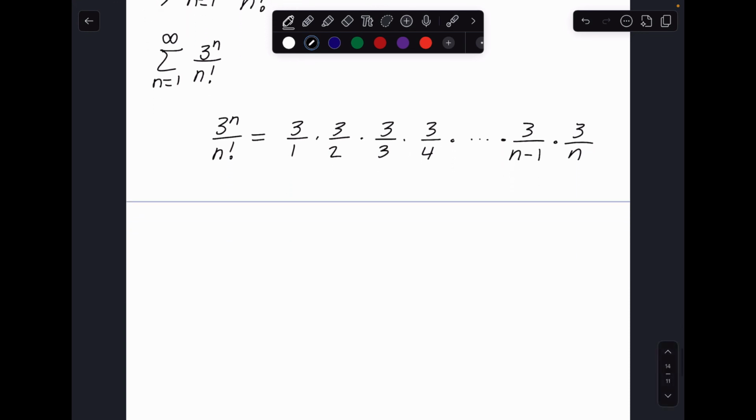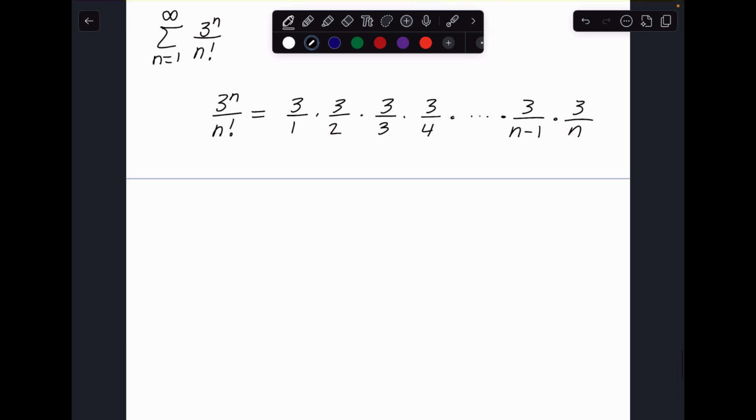So the idea is that 3 to the n over n factorial is always going to be less than or equal to, if I have 9 halves, I'm just multiplying these first couple terms together, 9 halves times 9 over n squared minus n.